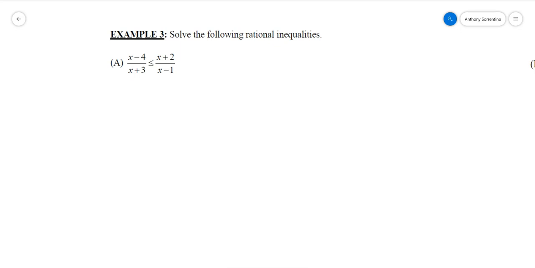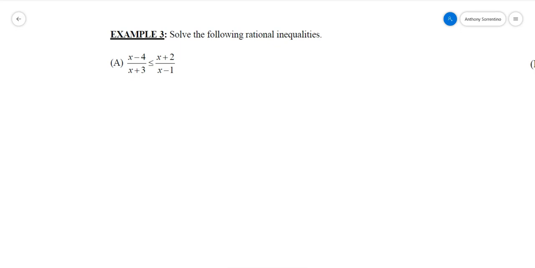I'm not going to worry about setting it equal to 0 first. I'm going to set up a similar equation first and then eventually get it down to being an inequality. Now, I still want to solve this for 0 because I want to be able to compare positive or negative later.